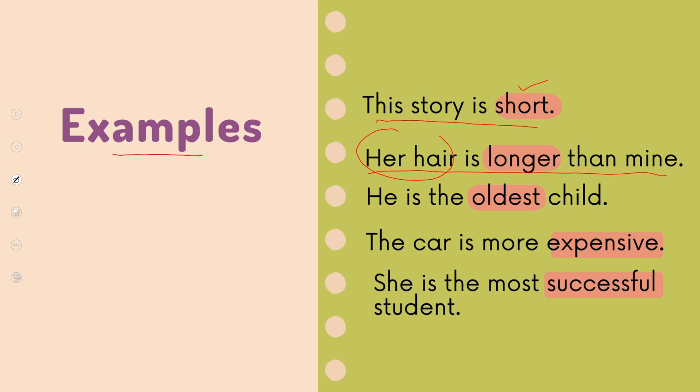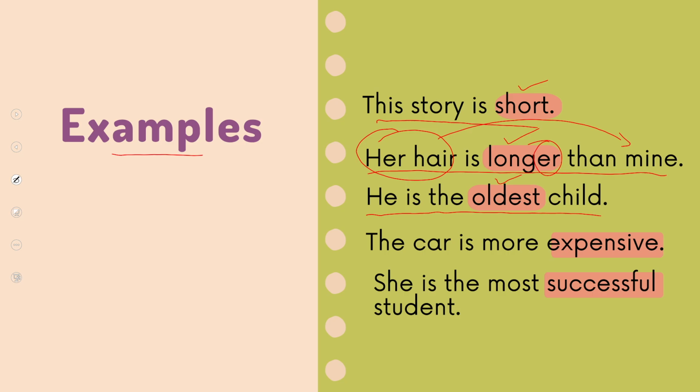Now her hair is being compared with mine, so we can know easily that we will use a comparative adjective over here. And you know, my dear learners, that we use er after the word to make it a comparative adjective. So when we are using comparative adjectives, we will be adding er at the end. He is the oldest child. Now this oldest is the superlative degree of the word old.